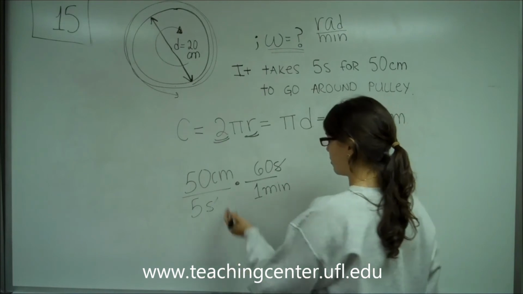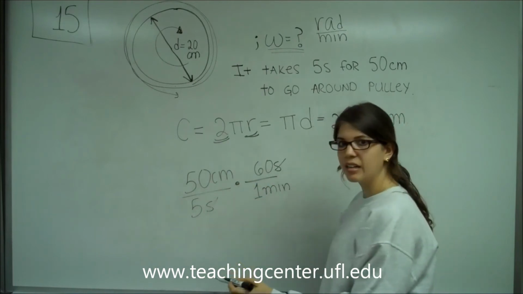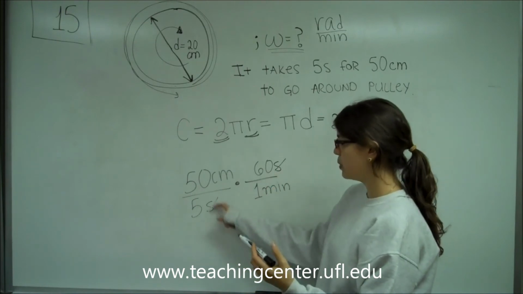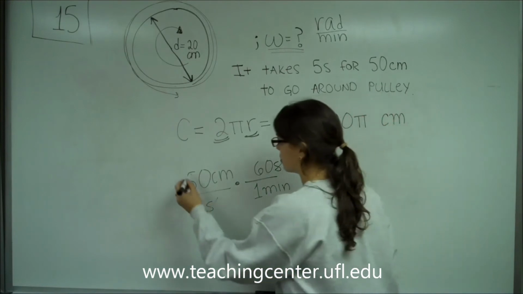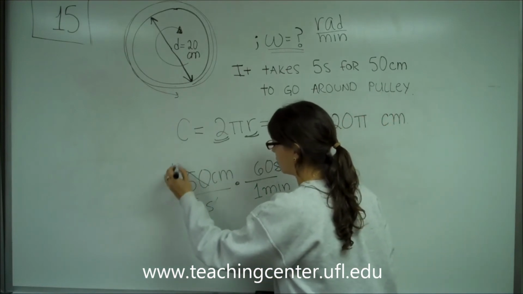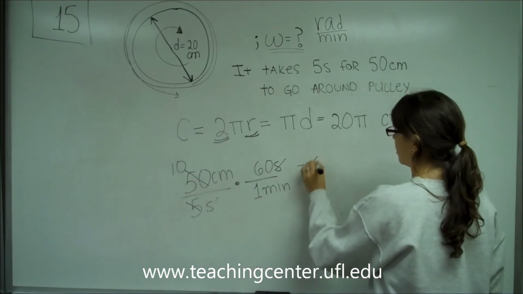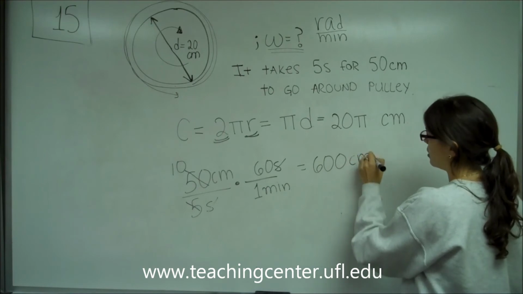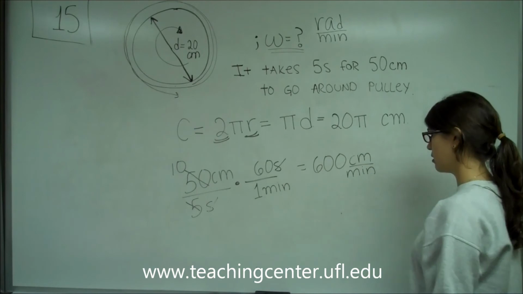I'm going to divide the 60 by the 5 first, instead of multiplying and dividing, because it seems a little simpler. Or I could divide the 50 by the 5, which is even simpler, because that gives me 10. And 10 times 60 is just adding one more zero, giving 600 centimeters per minute.